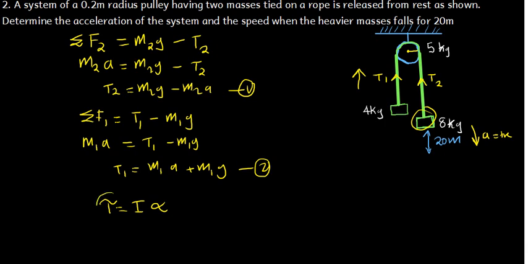This torque is going to result because of the movement of this thing. There is a tension pulling this side down, and this side is going up. So the difference in the torques this side and this side is what is going to cause the net torque in the system.